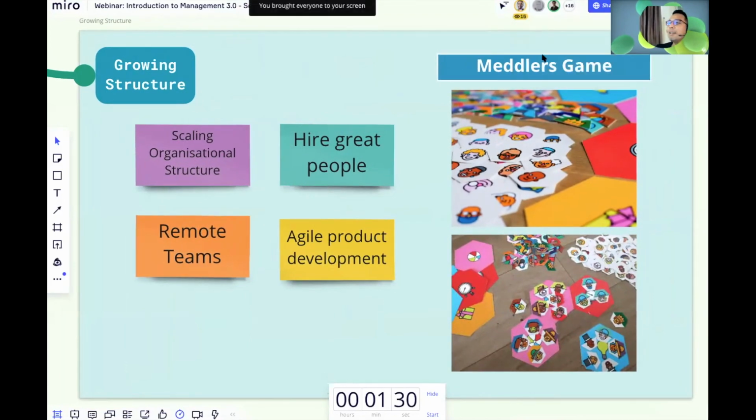And finally, how do we grow structure? How do we scale teams? Because as we know, you must have been in an experience where you started small and started to grow your team, and you add on more teams. How do we make sure the teams are nimble, responsive, respectful, and communicating really well to each other?